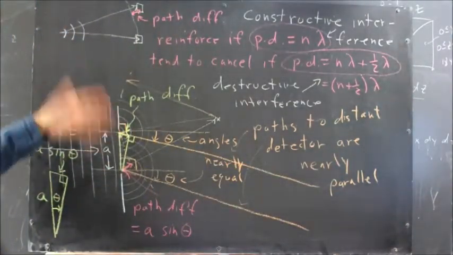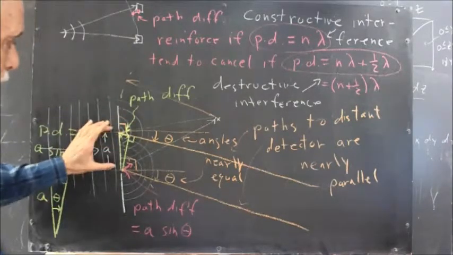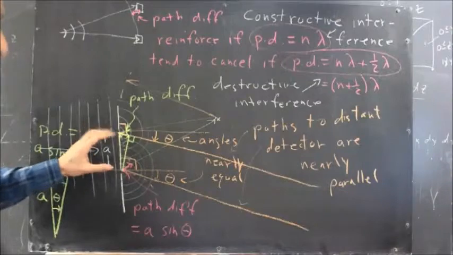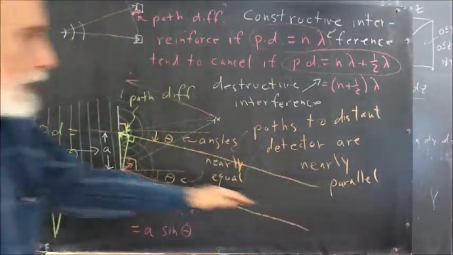If the detector is 1,000 times as far from this wall as the separation of these two points, then you really don't have much difference in this direction and this direction.